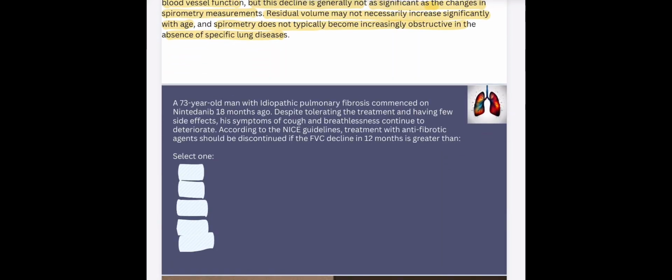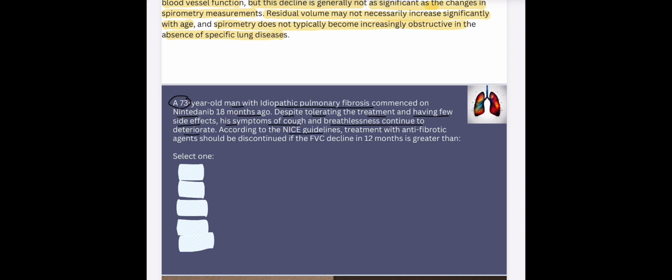Next question. A 73-year-old man with IPF commenced on nintedanib 18 months ago. Despite tolerating the treatment and having few side effects, his symptoms of cough and breathlessness continued to deteriorate.